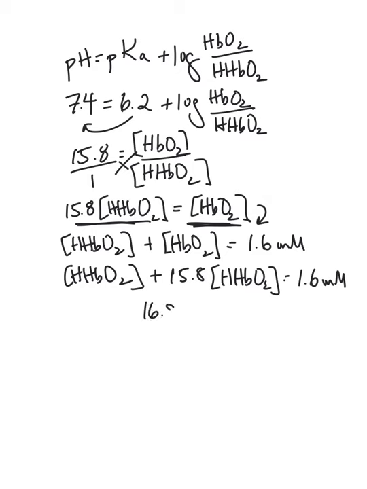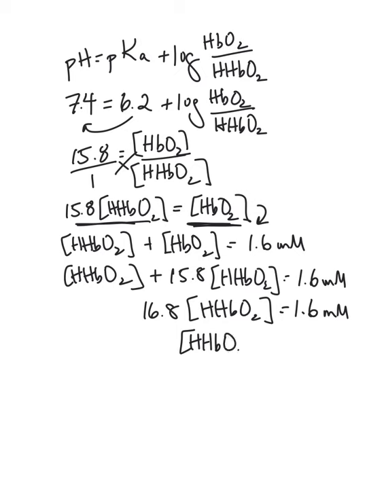This is 16.8 times our unknown, which is the protonated form. And this allows us to calculate the protonated form of oxy to be equal to 0.1. It's actually 0.09, but I'm rounding up.